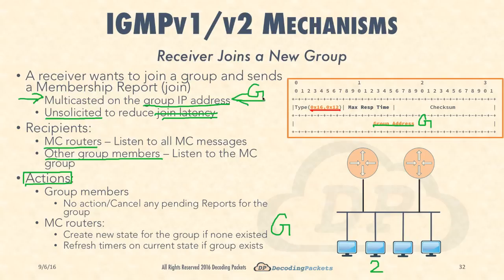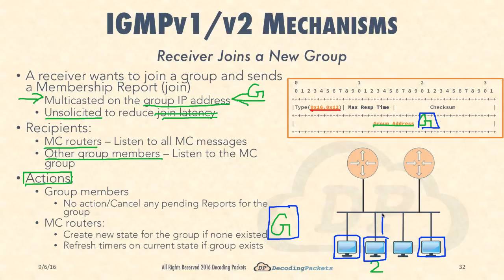Suppose we identify all of the receivers that are listening to G in blue. So these are already the interested receivers in G. This one is also blue, and this one is also blue. So they are all listening to it. Receiver 2 is going to multicast a packet out.